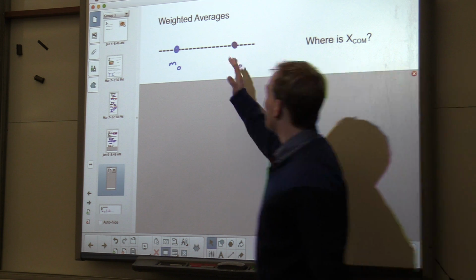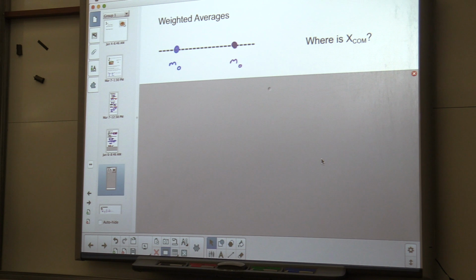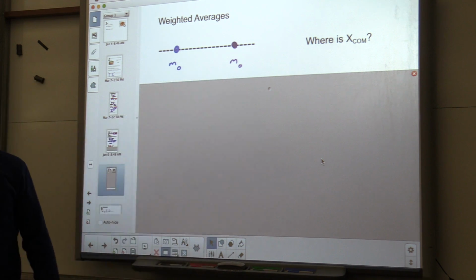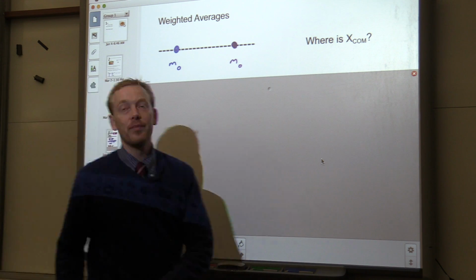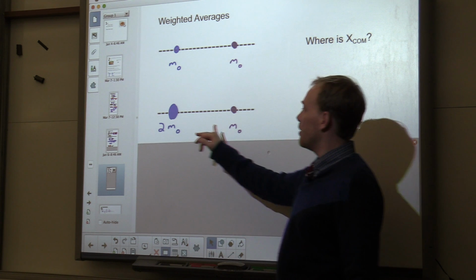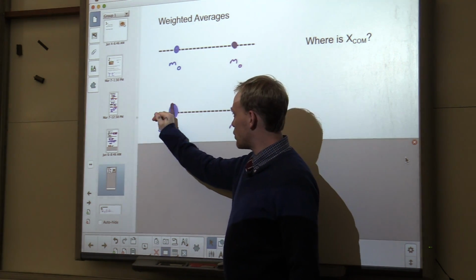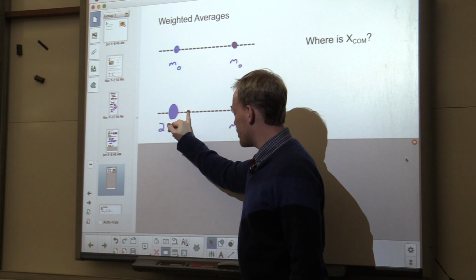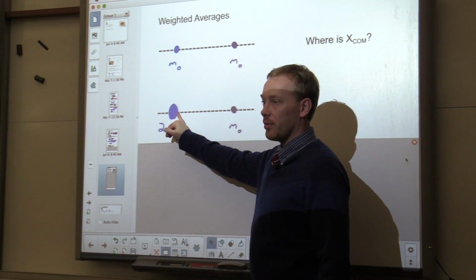Joe, can I pick on you? Where's the center of mass of this duo of objects? It's right in the center. Yeah, right in the center of them. Great. And we already said that if we have twice a mass and then another mass over there, then the center of mass is closer to this one, 1/3 of the way from here to there.